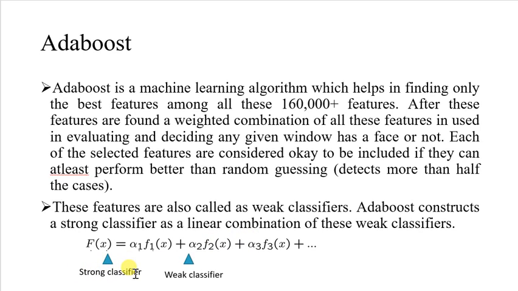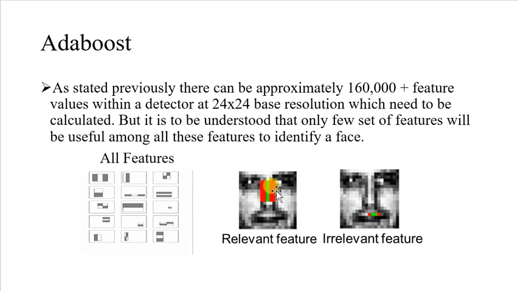Now what is the output of this weak classifier? The output of a weak classifier is either 1 or 0. 1 is when it has performed well and identified the feature when applied on that image. Let us say this bridge of nose feature is applied and if this feature is detected, you say that this classifier has passed and its output is 1.